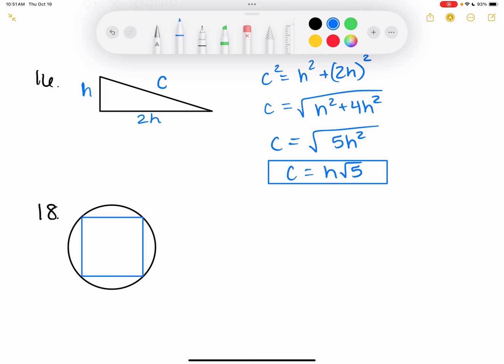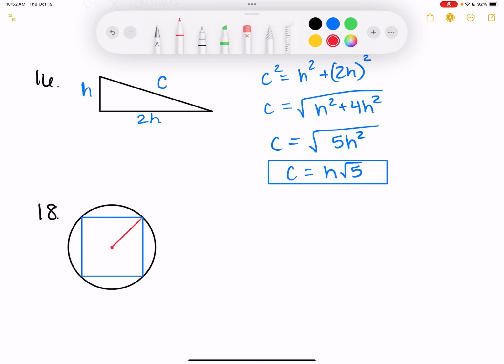All right. The area of the square as a function of the radius of the circle. We know that the radius is from the middle of the circle to the edge. That means that this part of the diagonal of the square is the radius.